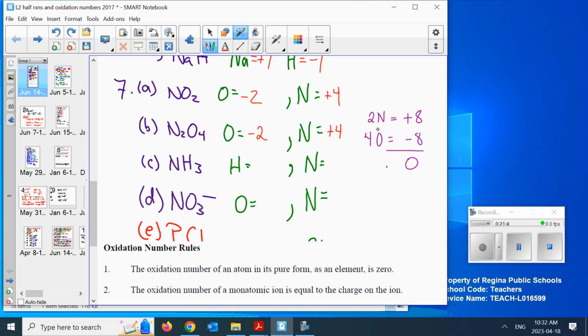Let's take this through the other way around. If 1 N is plus 4, as we figured out, 2 N's times plus 4 is plus 8.